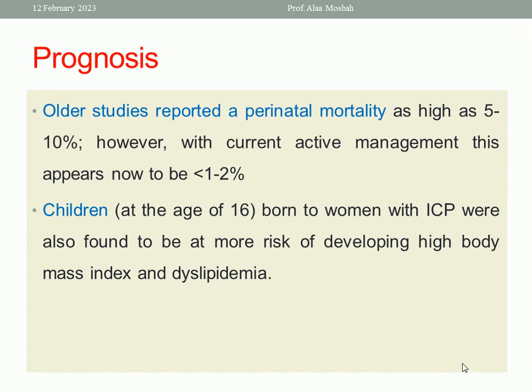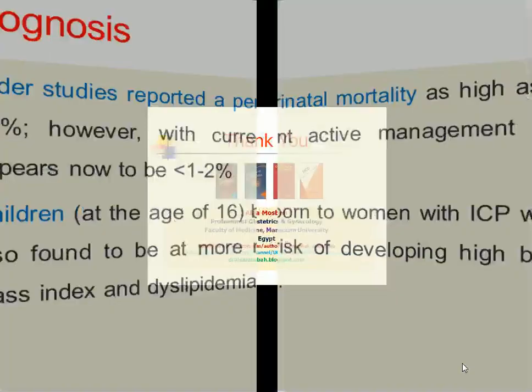Lastly, what about children? Children at the age of 16 born to women with intrahepatic cholestasis in pregnancy were also found to be at more risk of developing high body mass index and dyslipidemia. This is reported by some authors, and this is the end of my lecture.